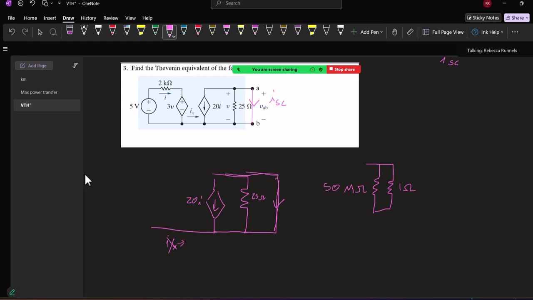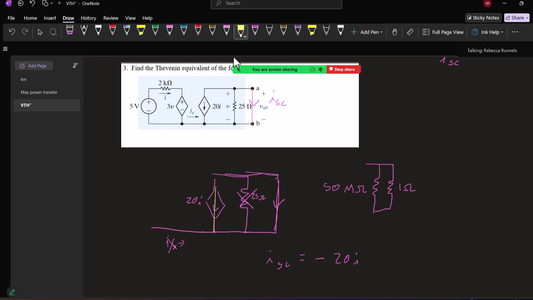So when you have a short in parallel with the resistor, no current is going to go through the resistor. So we know that I short circuit has to equal minus 20I because 20I is going this direction.